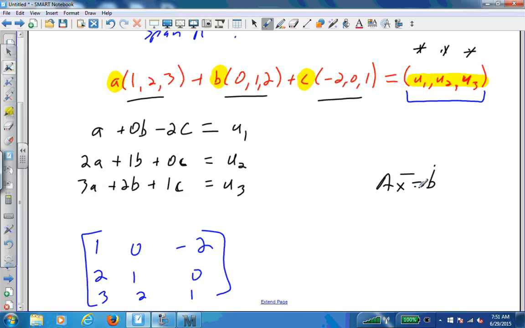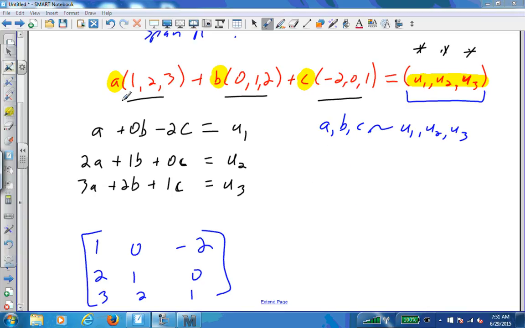Now our solution will more or less be a relationship. How are A, B, and C related to U1, U2, and U3? But if you gave me specific numbers for U1, U2, and U3, then I could tell you for those particular U's, these are the A, B, and C that we would need to get those.